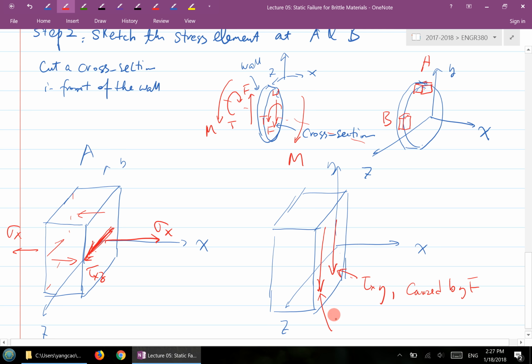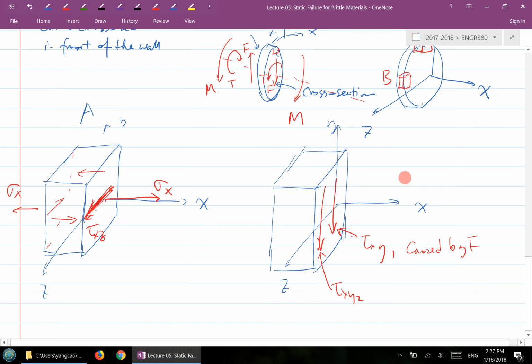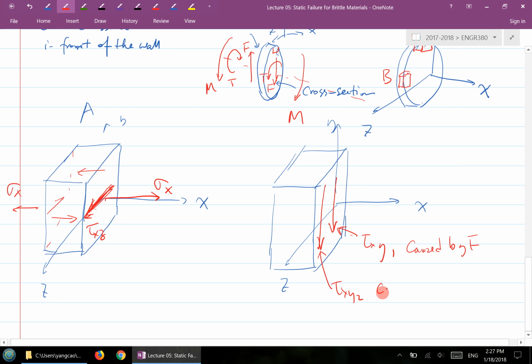So let's call this another tau xy2, caused by the T. Once you finish one side, you can finish the rest of the sides, which basically balance this cube right here. These are the states of stress at the B and A locations. Is that good?